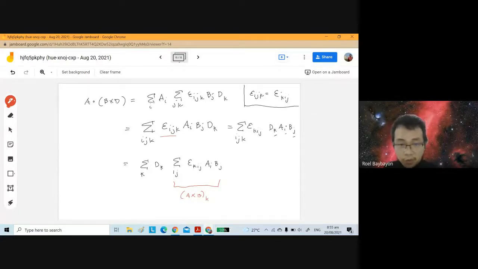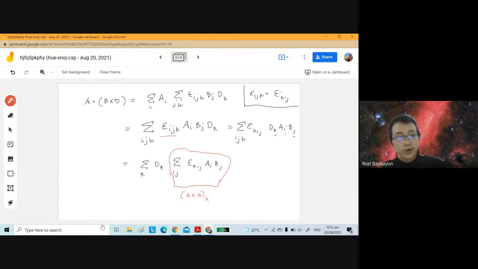It is the Kth component because K is not included in the summation. So remember, the first index of your epsilon is the component of your cross product. This summation is the Kth component of the cross product of A cross B.